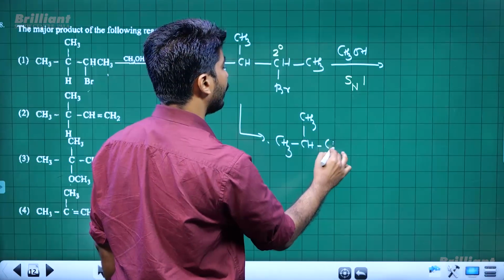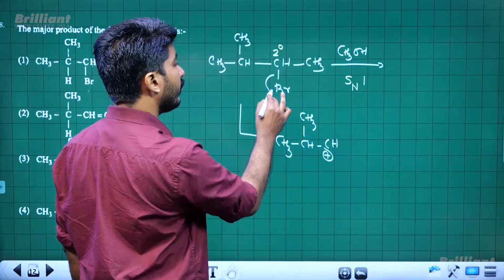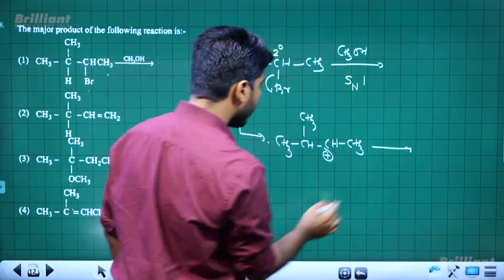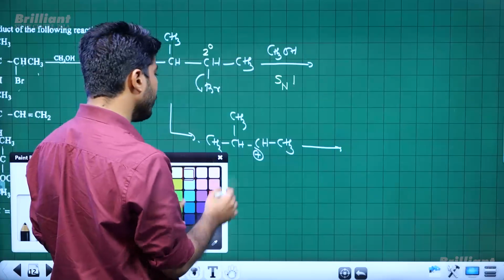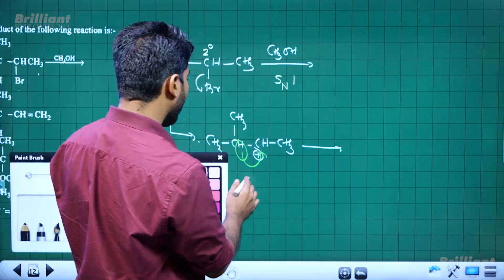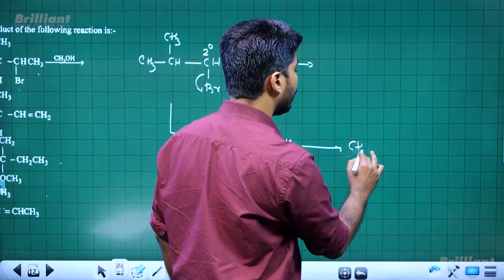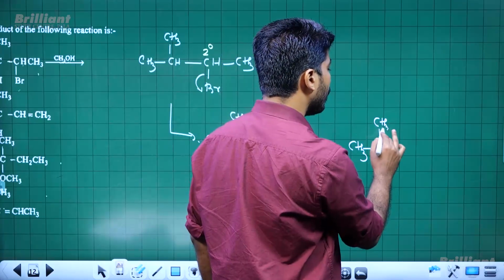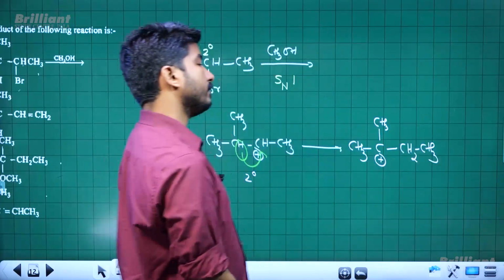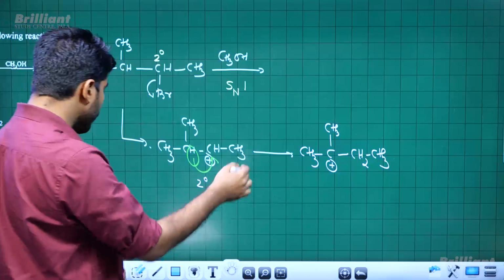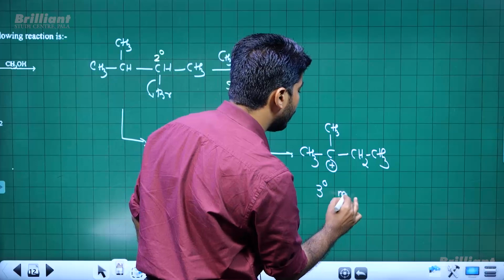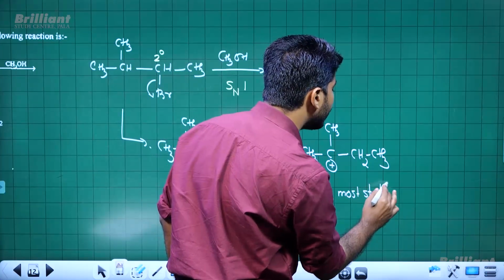SN1 means a carbocation forms first, the leaving group leaves, a secondary carbocation forms, and then it rearranges because there is a possibility here that this hydride can shift from there to here and give rise to a more stable tertiary carbocation like this, CH3C plus CH3 and CH2CH3, that will be formed, and this is the most stable carbocation. It cannot be stabilized further. Tertiary most stable.